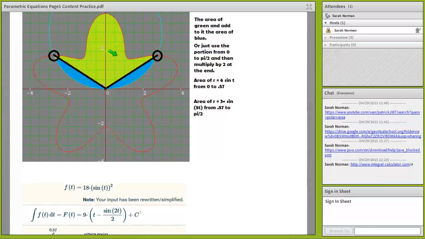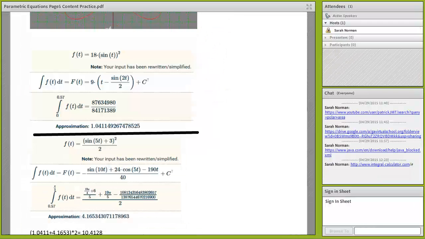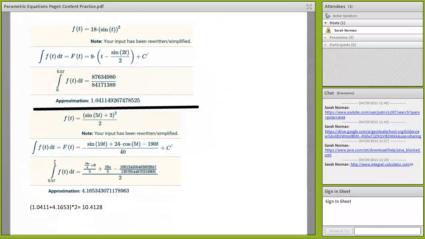And the green shaded area, just over here, was a little over 4. So we needed to add those two together and then multiply by 2, and you get an approximation of 10.4128.